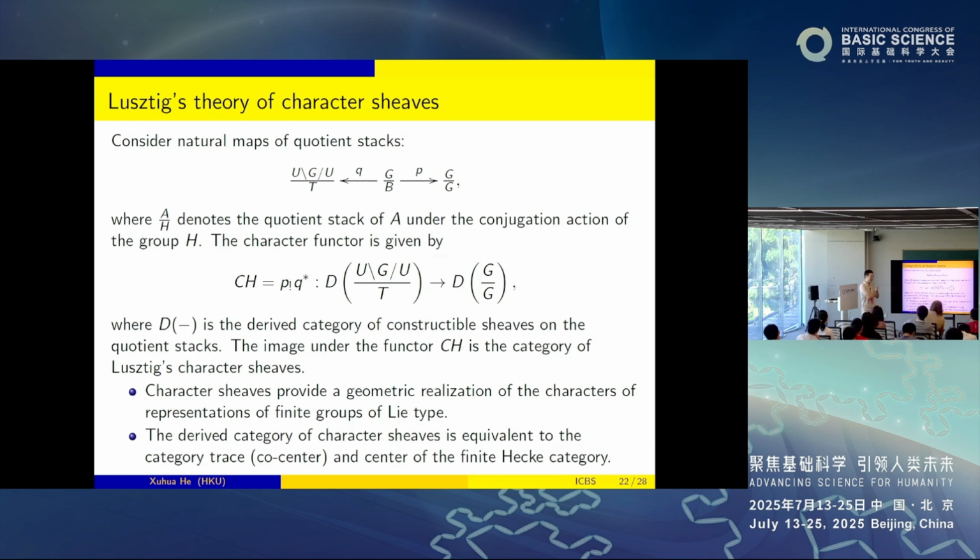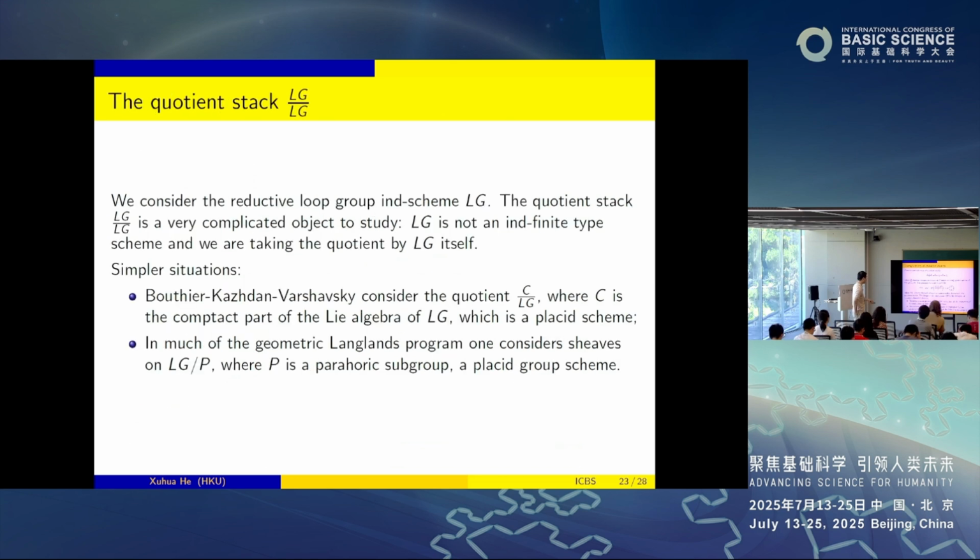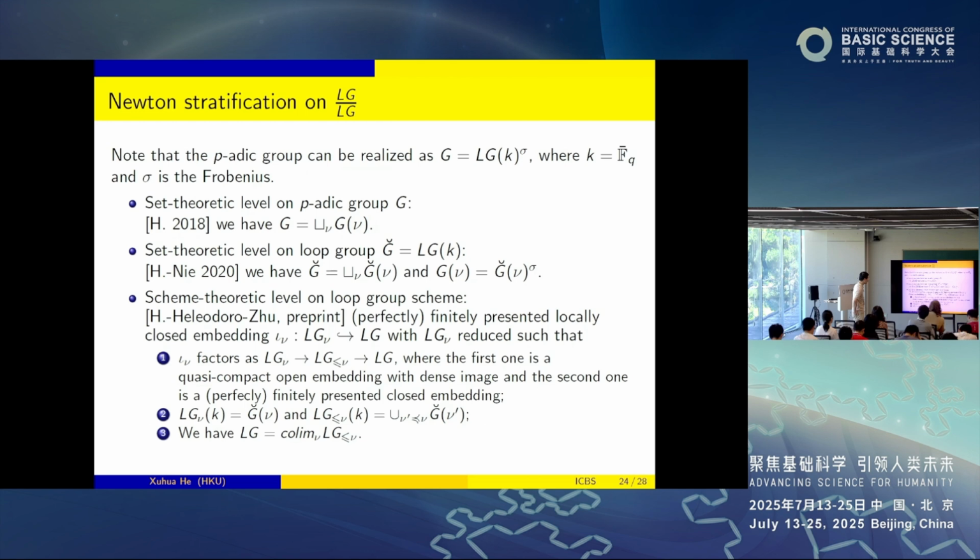But for the ordinary conjugacy classes, it's very complicated, and George yesterday gave a talk on these stratifications for the finite type reductive group. This is much more complicated than the Frobenius twisted conjugation action. Anyway, to put the long story short.